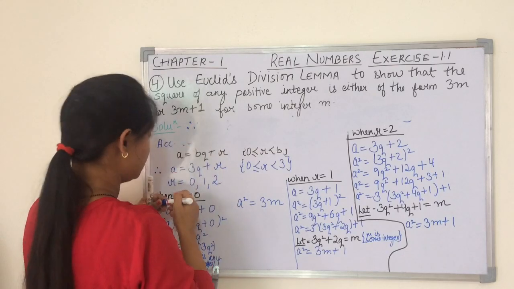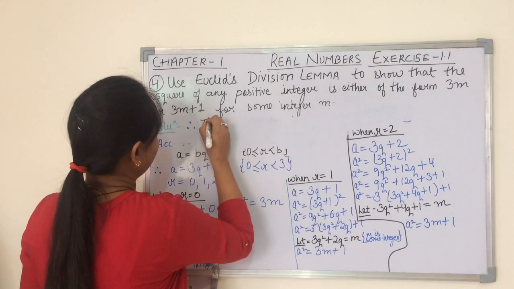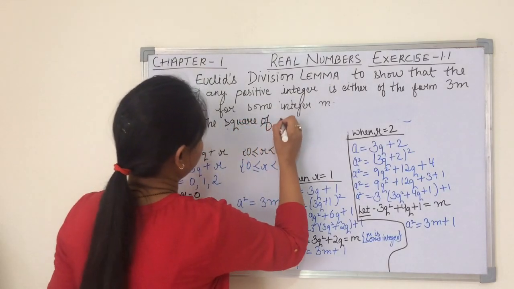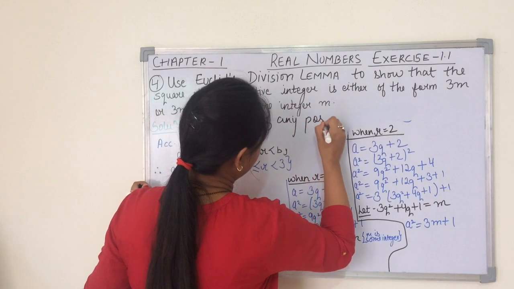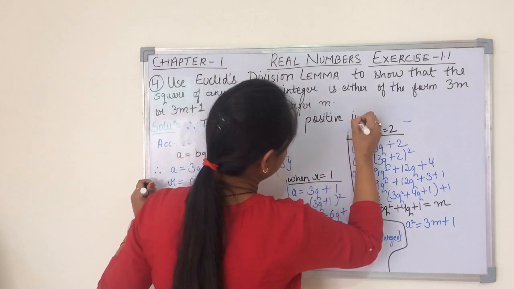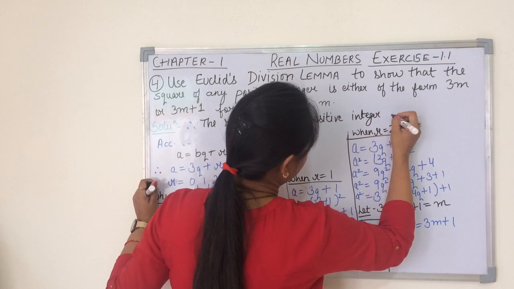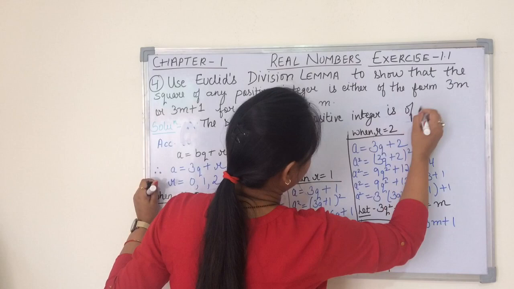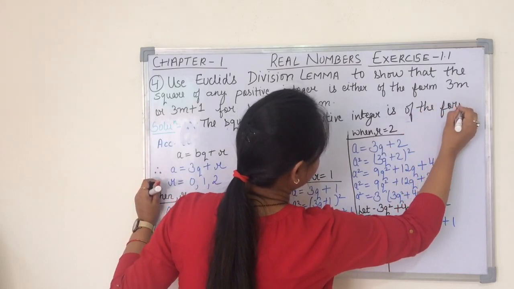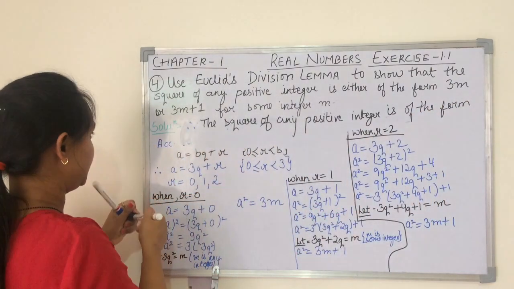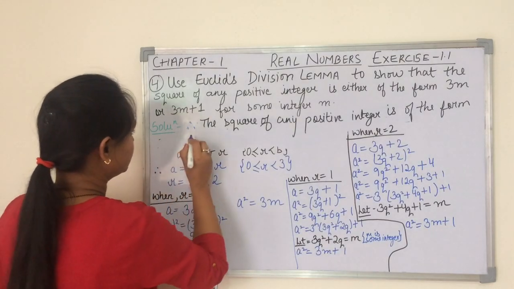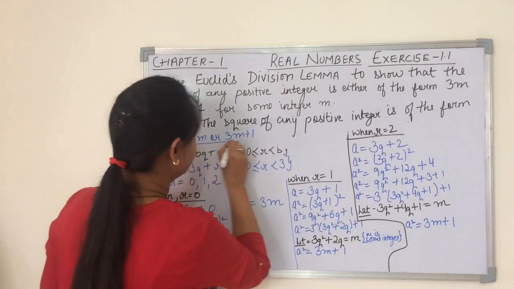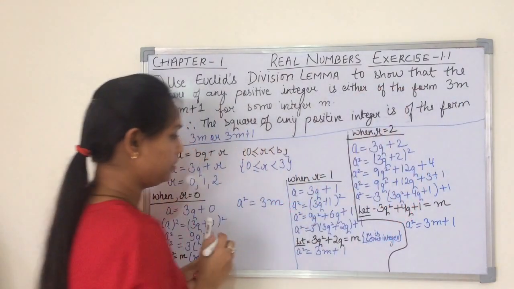Therefore, the square of any positive integer is of the form 3m or 3m plus 1. That was the solution of this question.